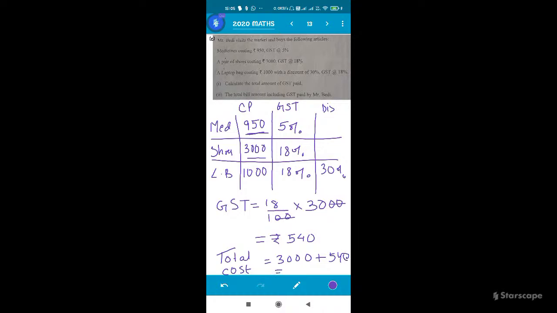So our final amount will become 3540. This is the amount he will have to pay for the shoes. This will be the amount reflected on his bill. A bill always includes the total amount, which includes the GST too. Now next, for the laptop bag.